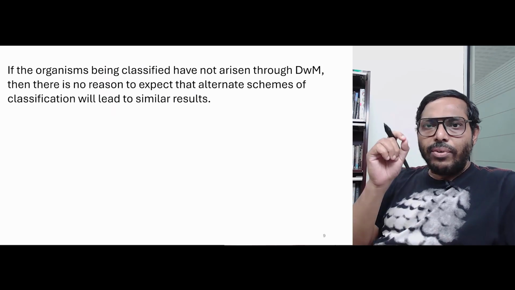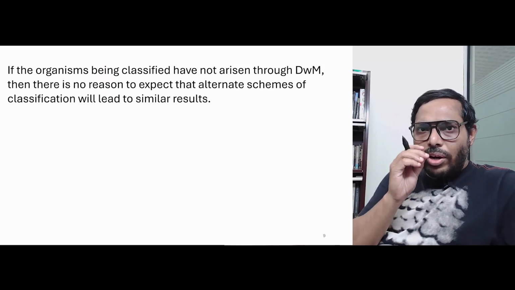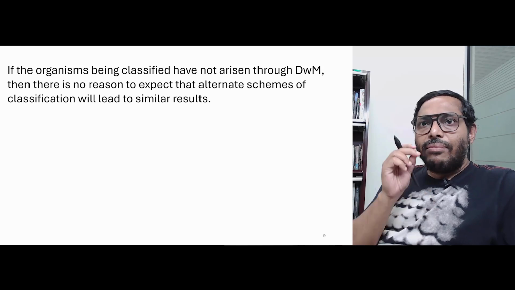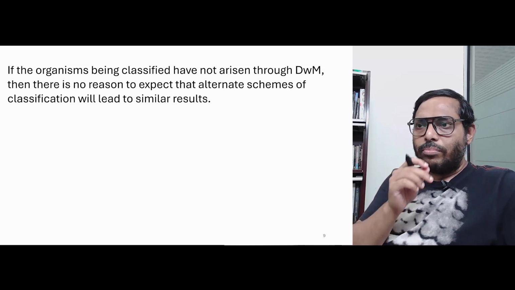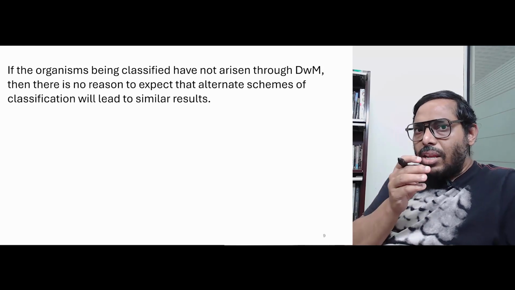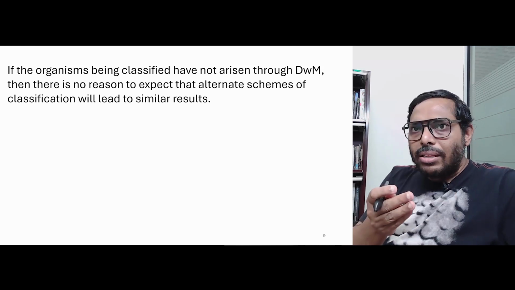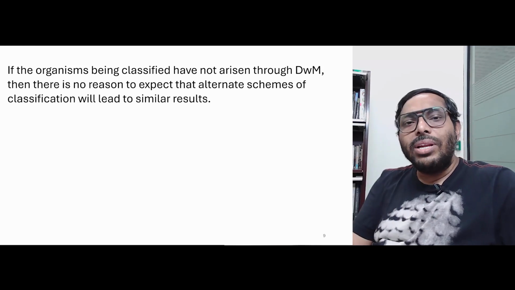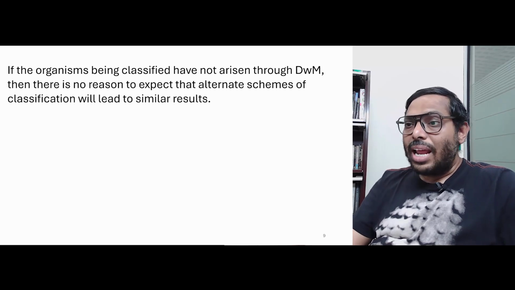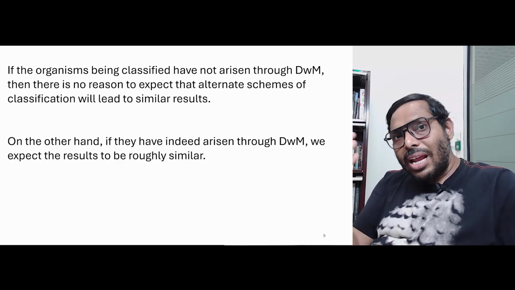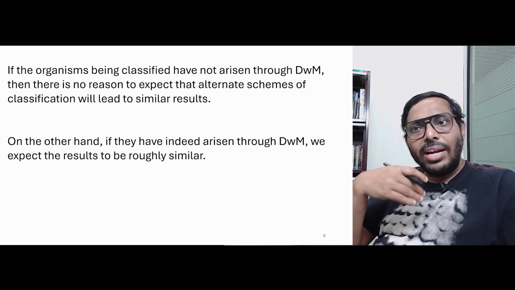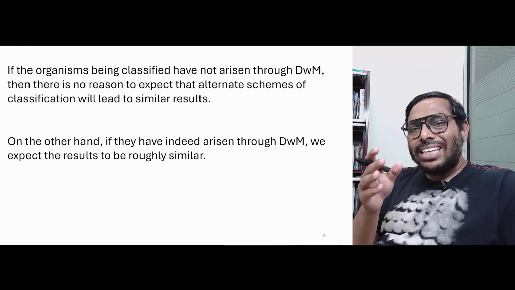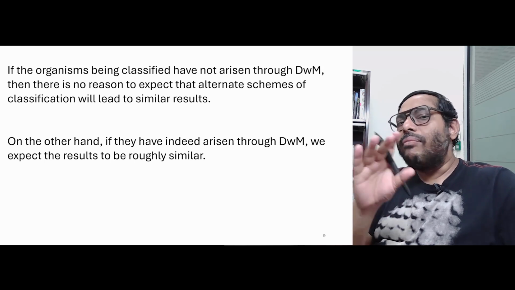So, if the organisms that you are classifying have not arisen through descent with modification, then you do not really expect that using different schemes of classification will lead to similar results. On the other hand, if they have indeed arisen through DWM, if they are related to each other, then we expect the results to at least be roughly similar.